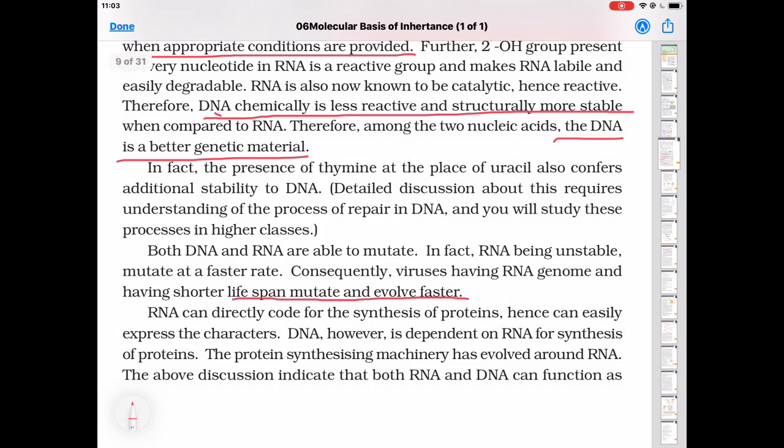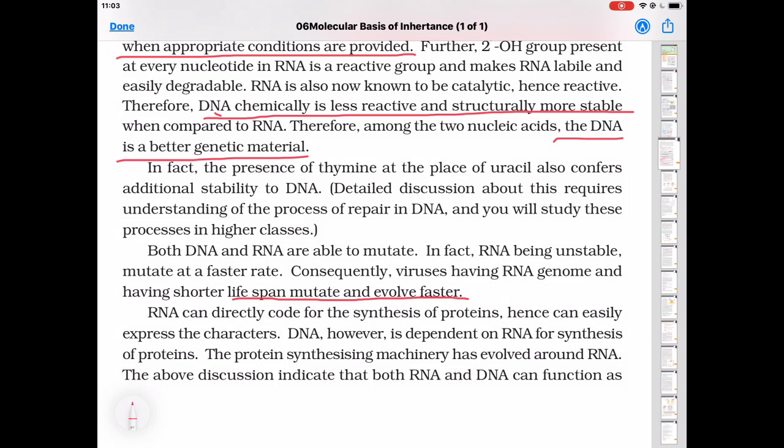RNA can directly code for the synthesis of proteins, because first DNA forms RNA and RNA forms proteins. DNA is dependent on RNA for the synthesis of proteins. The protein synthesizing machinery has evolved around RNA.